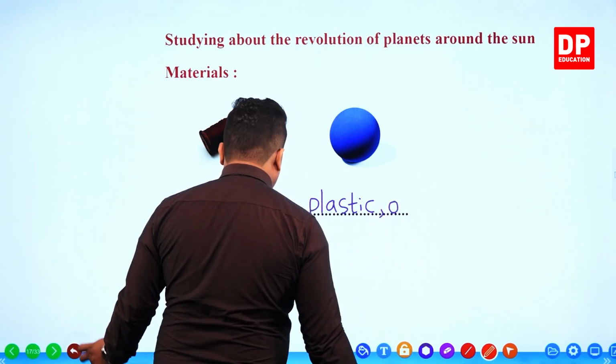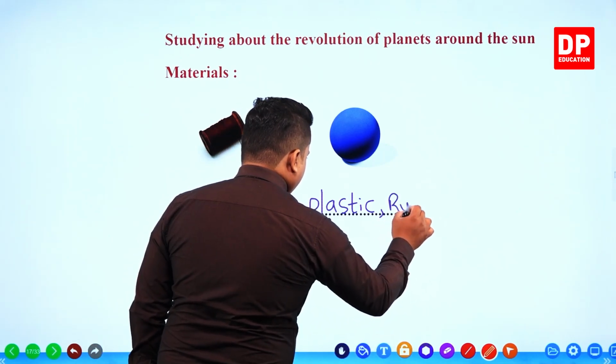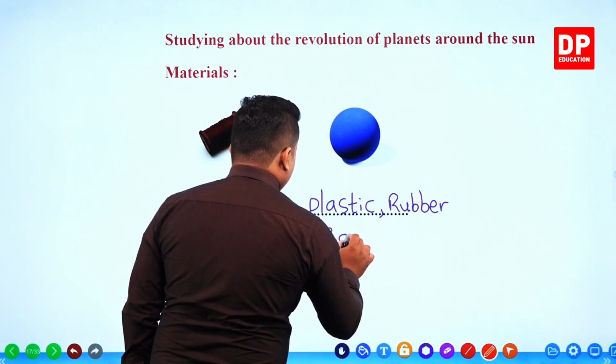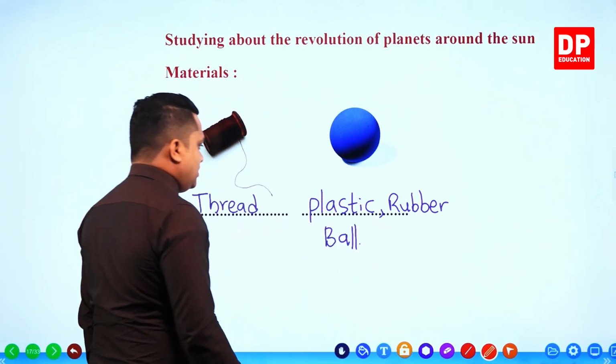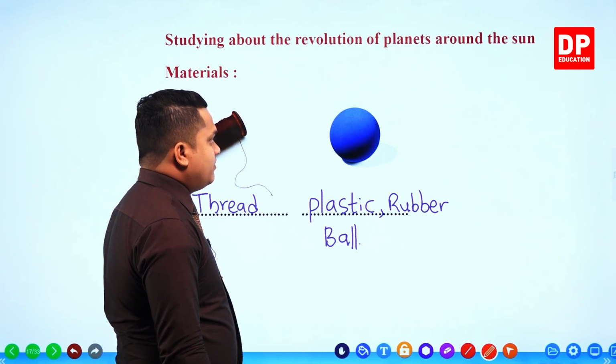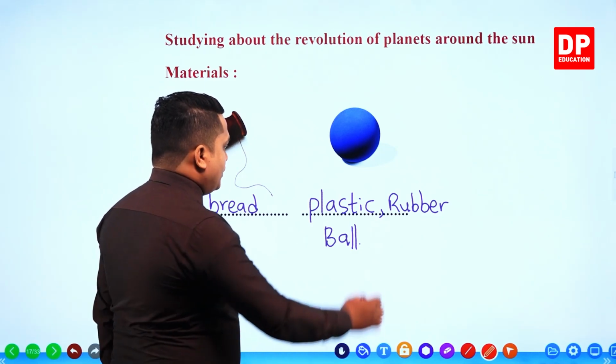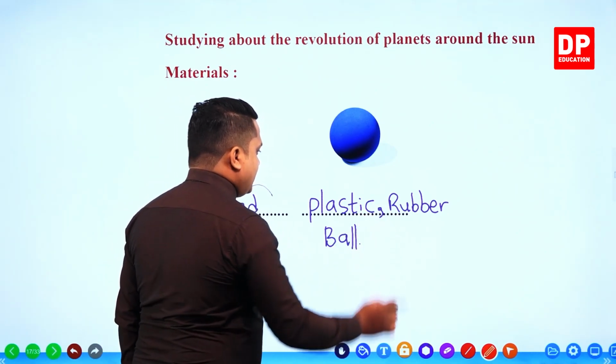A rubber ball also can be taken. Plastic or a rubber ball can be taken, right? These are the materials you need.